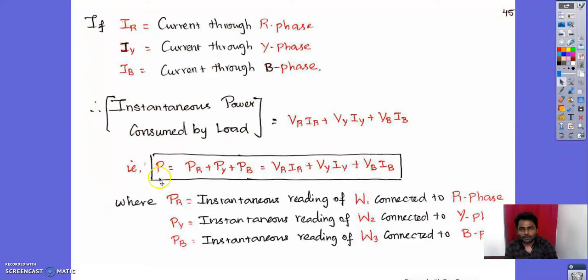That is, total power P equals VR IR, which is PR, plus VY IY, which is PY, plus VB IB, which is PB. The sum of these gives the instantaneous power. This is how we measure the 3-phase power, that is, R phase, Y phase and B phase, with the help of the 3-wattmeter method.